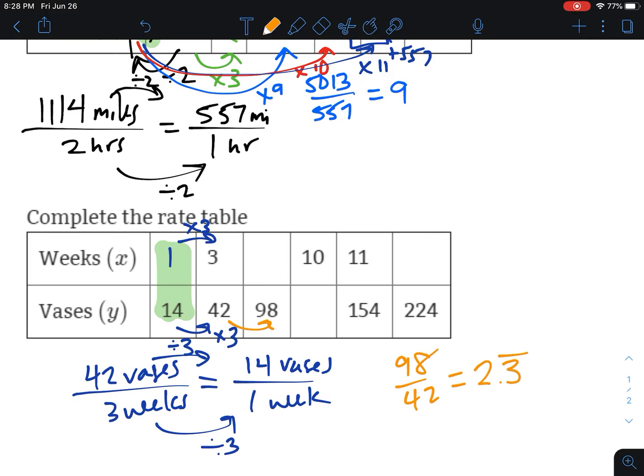Keep that 2.3 on your calculator. That's the scale factor. We're going to apply that to the 3 to get our number of weeks. So with it on the calculator still, I'm going to hit times 3, and I'll get you 7. So there we go. So you can use it even if it's a decimal scale factor. It still works out fine. Usually just easier to use the unit rate if you have it.